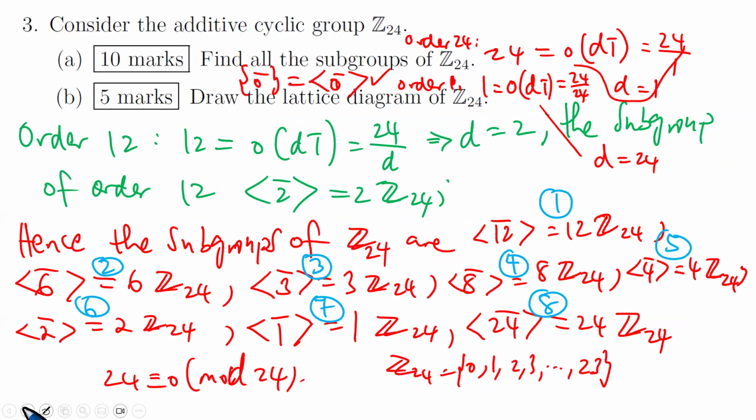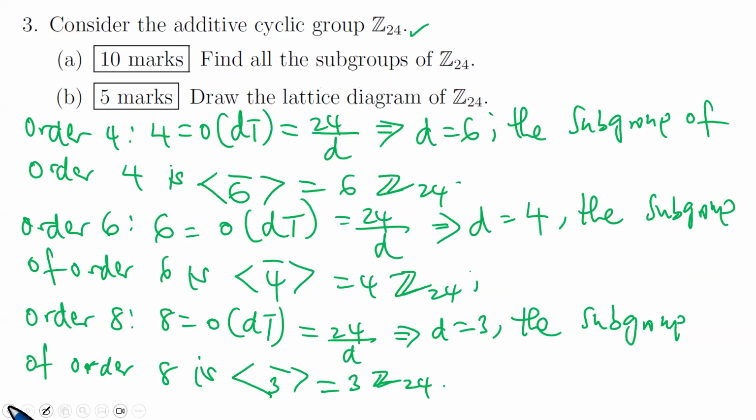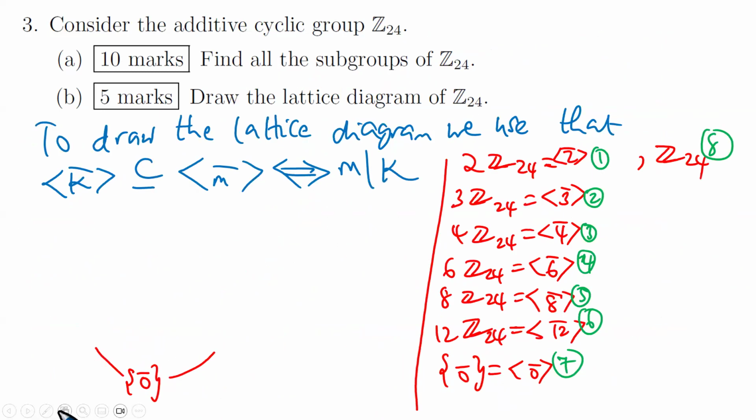Obviously here we can see that it's order 6, and therefore we got the divisor there, and the subgroup became exactly that one. And then order 8, you had the 3 as the divisor. There's something I'm sure we shall drive towards.